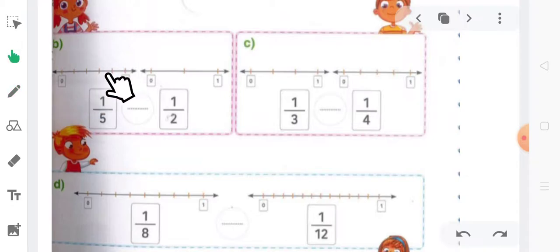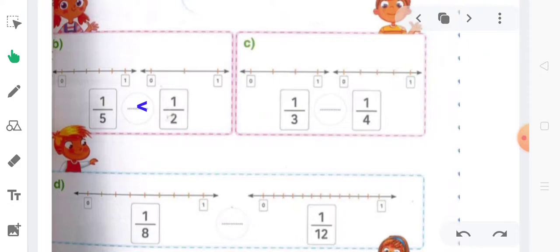Look here, 0 and 1. We have 1, 2, 3, 4, and 5 jumps. So the fifth or the half, which jump is bigger? Of course, half is the bigger. Also, the smallest denominator is the bigger one. It's a crazy fraction, don't forget this.